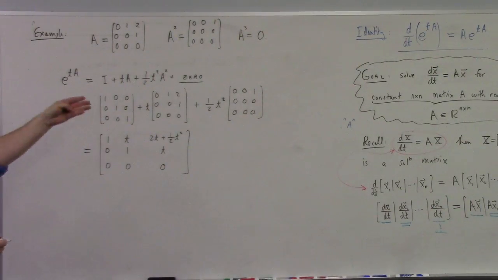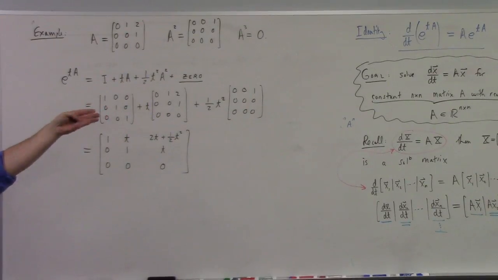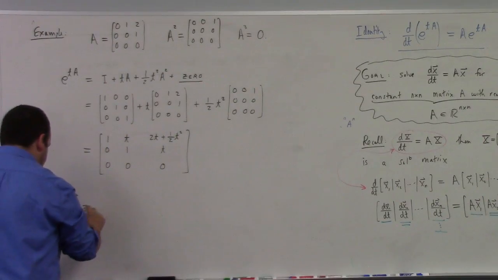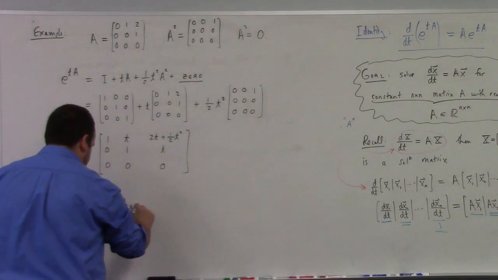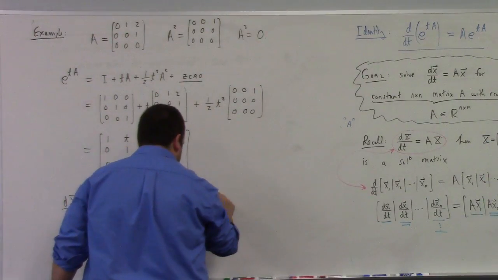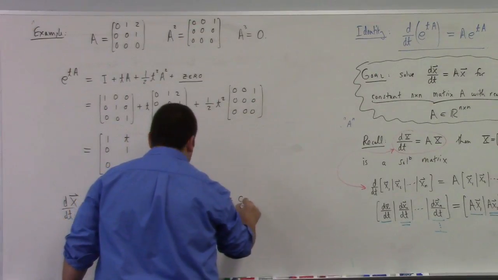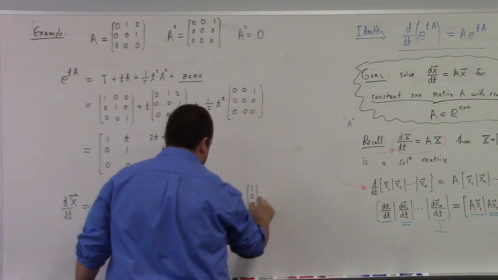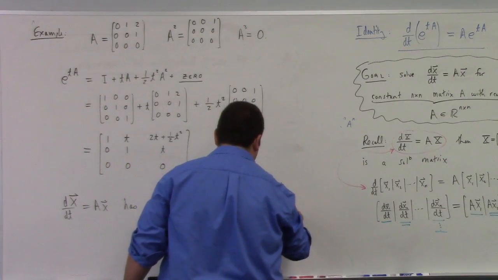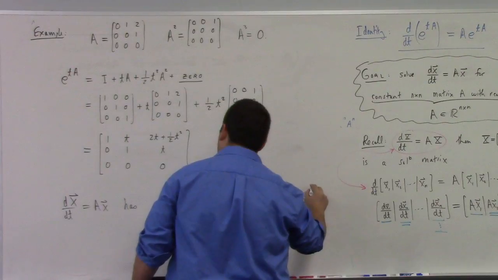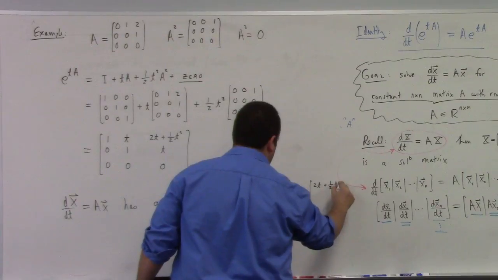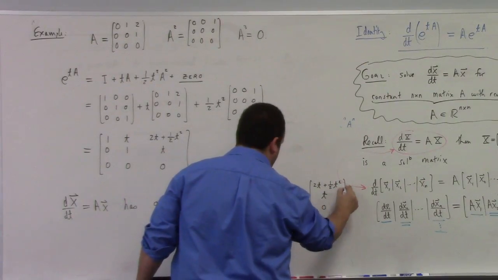So what we've just worked out for the matrix exponential tells us we can solve dx/dt equals Ax, which has general solution x of t equals c1 times 1, 0, 0 plus c2 times t, 1, 0 plus c3 times 2t plus 1/2 t squared, t, and 1.